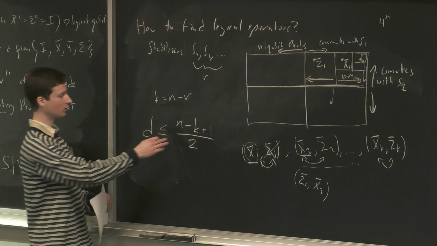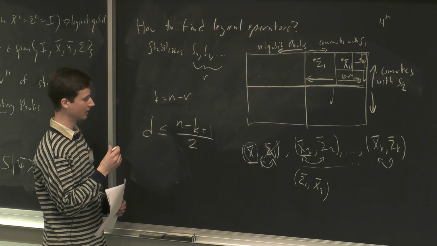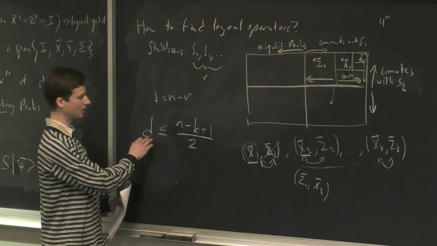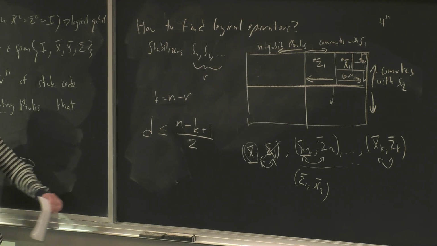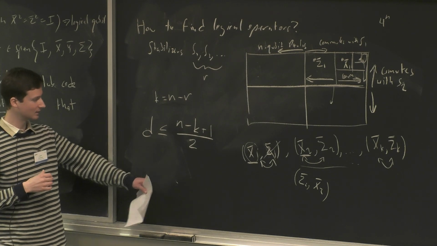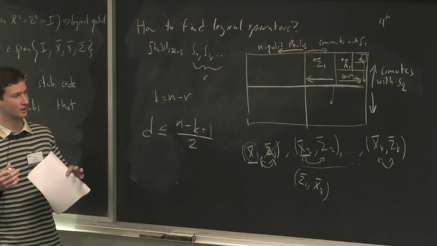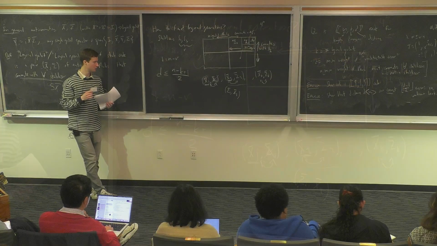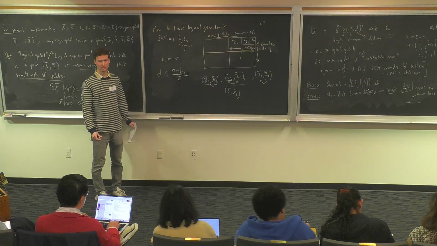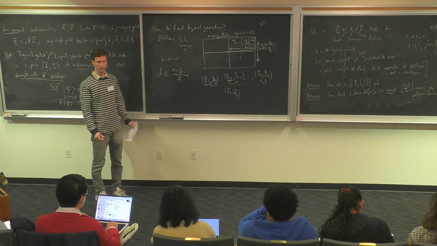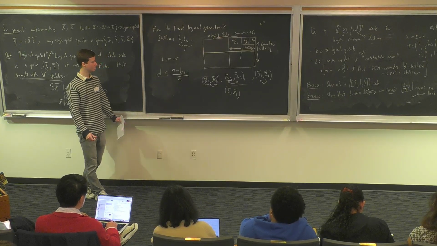So essentially, if we have k logical qubits, meaning we have n minus k stabilizer generators, then the number of errors we can detect is at most roughly n minus k over 2. And there actually are codes that achieve this bound if we move away from qubits to systems of higher local dimension. For qubits, you can actually prove stronger bounds than this. But achieving this bound is not too easy to do.